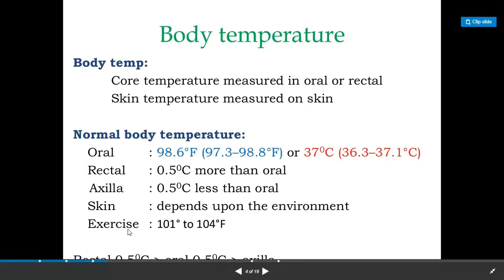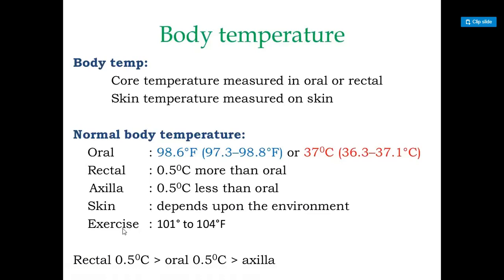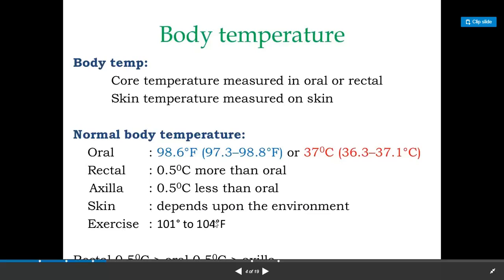Now, during exercise, when you are sweating or your temperature is increased, you could get up to 104 degrees Fahrenheit, from 101 to 104 degrees Fahrenheit. Remember we said that the normal range in the oral cavity is this. But when you are doing exercise, your temperature can increase up to 104 degrees Fahrenheit.